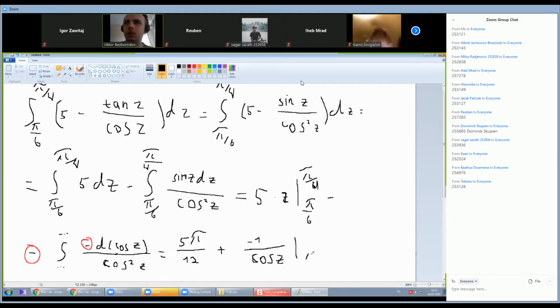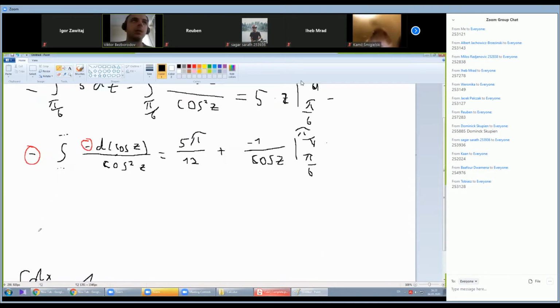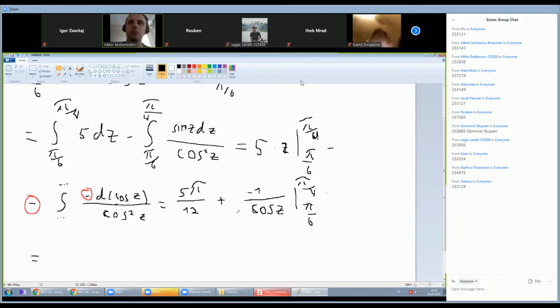So it's going to be pi over 6 and pi over 4. I should say pi, not p. Okay. And so this equals 5 pi divided by 12 plus, so cosine of pi over 4 is going to be a square root.